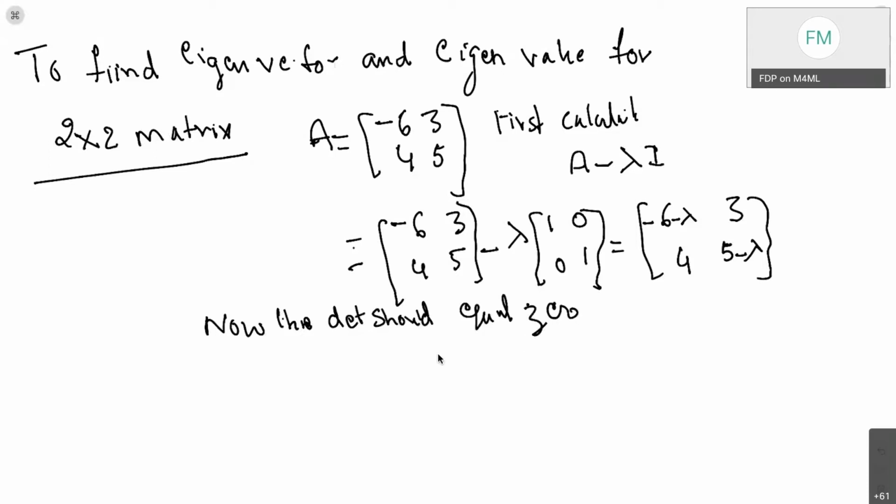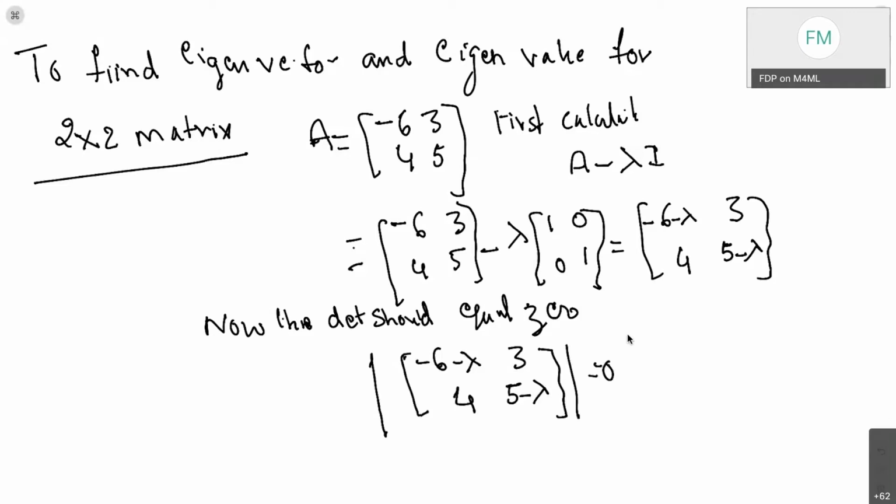So we have the matrix -6 minus lambda, 3, 4, 5 minus lambda, with determinant equal to 0.